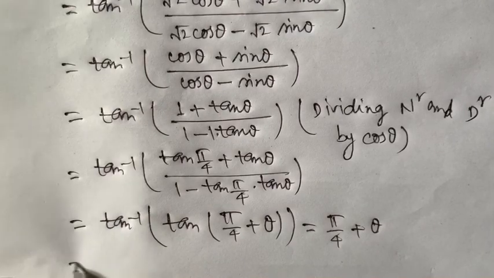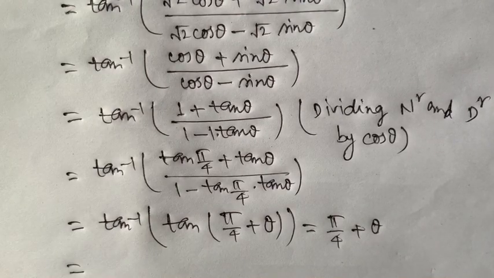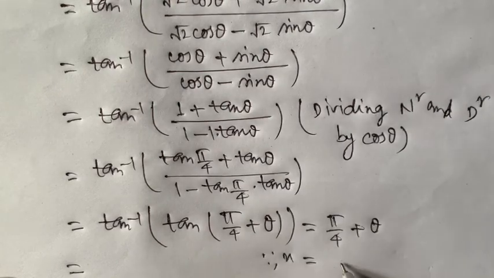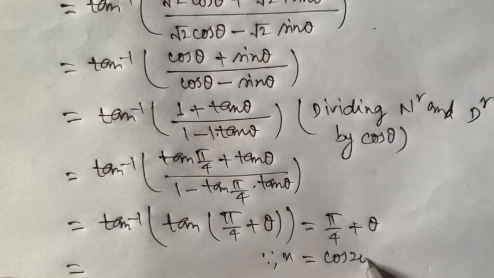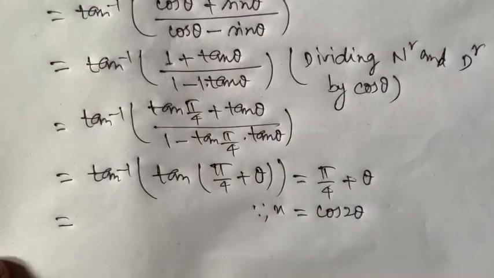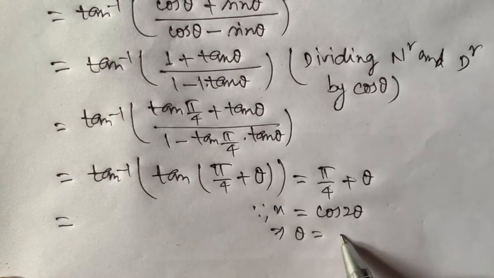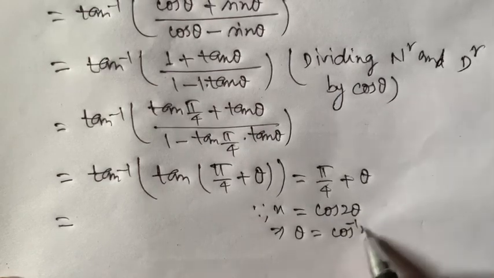Now we will need to get the value of theta. We have substituted x is equal to cos 2 theta, so from here we will obtain the value of theta. This implies theta is equal to half cos inverse of x.